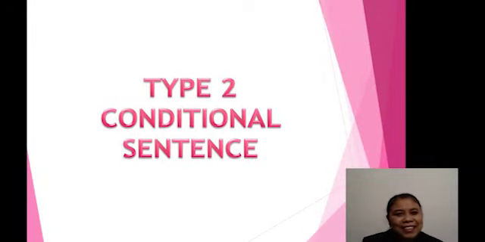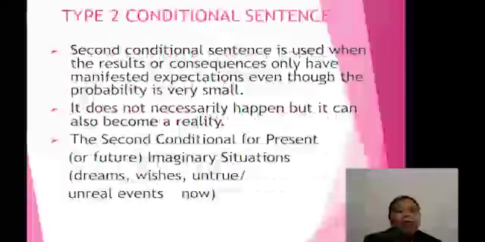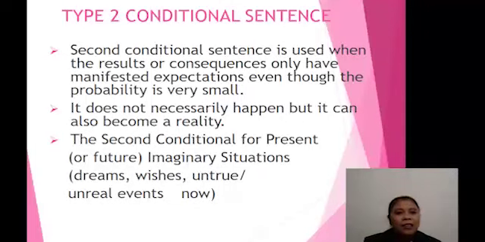Okay, students, English learners, we are now in the type 2 conditional sentence. Let's find what a type 2 conditional sentence is. The second conditional sentence is used when the results or consequences only have manifested expectations, even though the probability is very small.